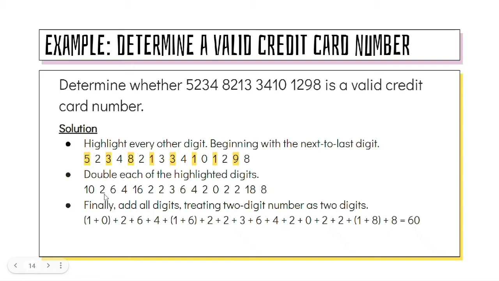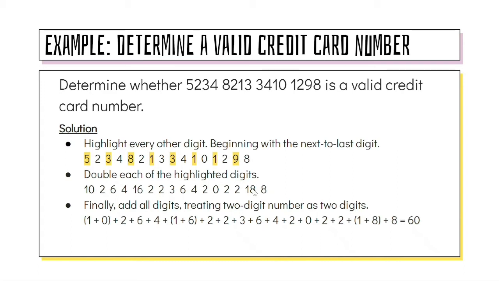The digits that are not highlighted stay as they are, but we still need to copy them. So 8 times 2, 16. 1 times 2, 2. Up until we get 9 times 2 is 18.